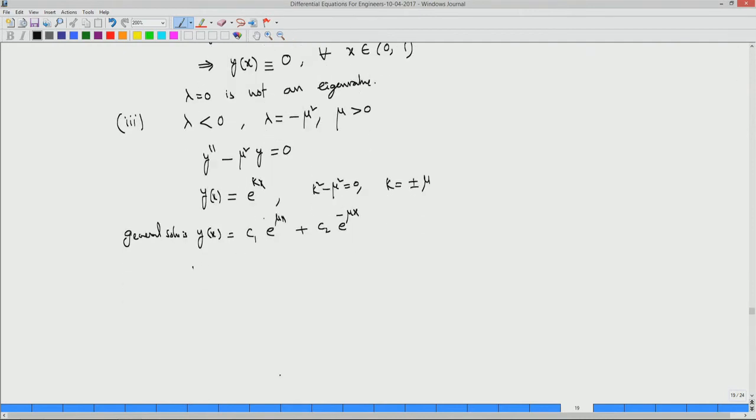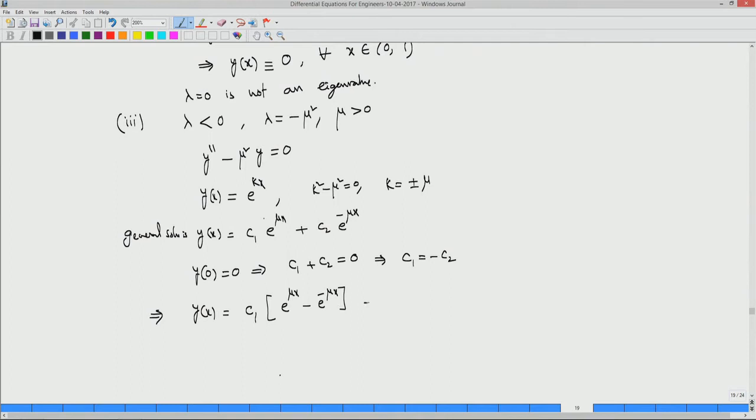Now again you apply the boundary conditions. y(0) equal to 0 gives me c1 plus c2 equal to 0, so c1 equal to minus c2. So the general solution becomes, replacing c1, c2 with c1 and minus c1, e power mu x minus e power minus mu x.